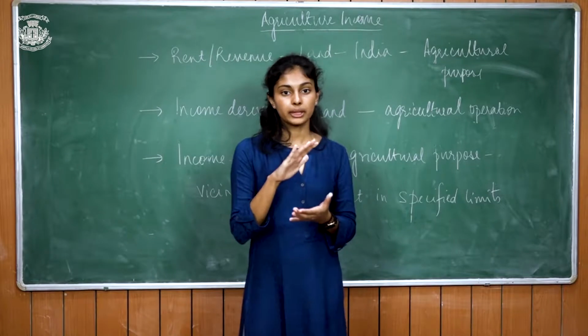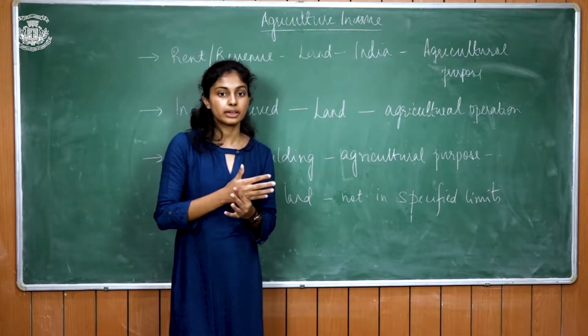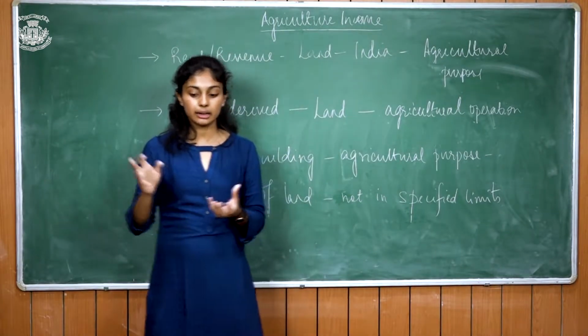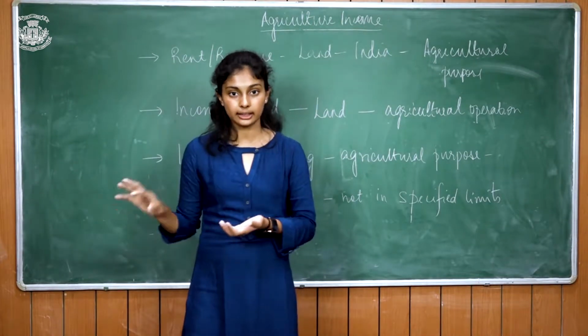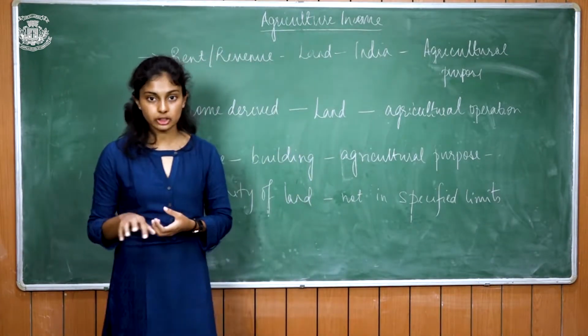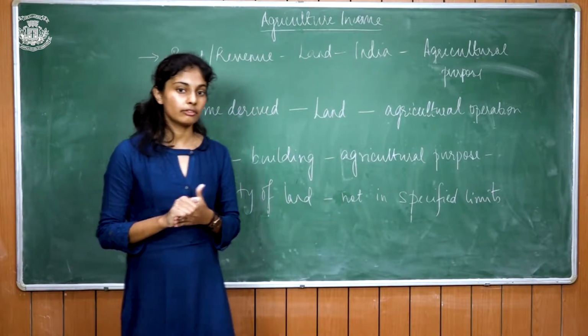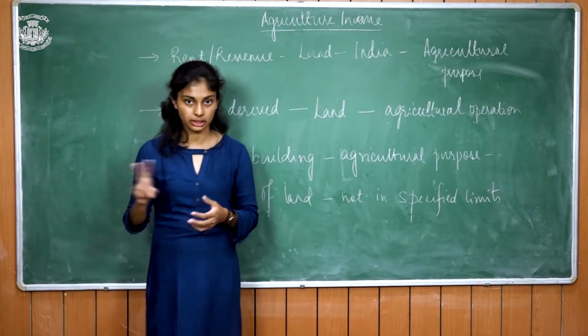Now, as per the provisions of the Act, we have a case where we can take partial integration of the income, where a person has a portion as agricultural income and a portion as non-agricultural income. What is the tax treatment in such a case? In such a case, there are two criteria that have to be met to do partial integration of such income.